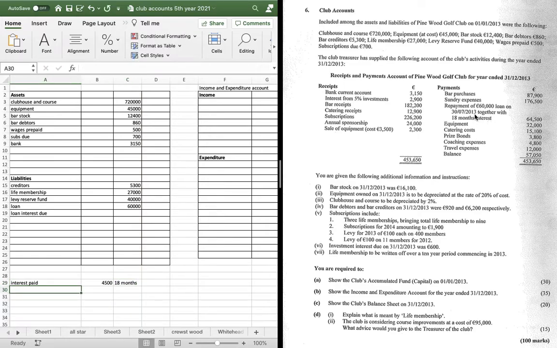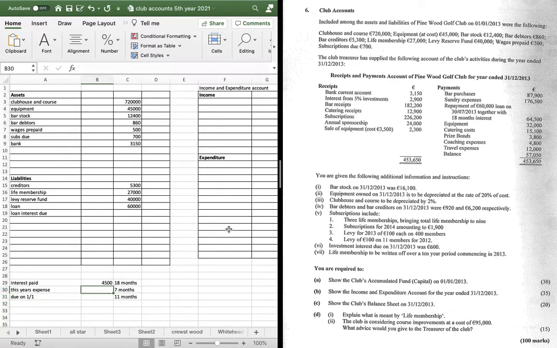Okay, this year's one. So this year's expense was paid on the 30th of the 7th. So the expense is 7 months. So the due on the 1st of the 1st, which is the number we're looking to find here, is for 11 months.